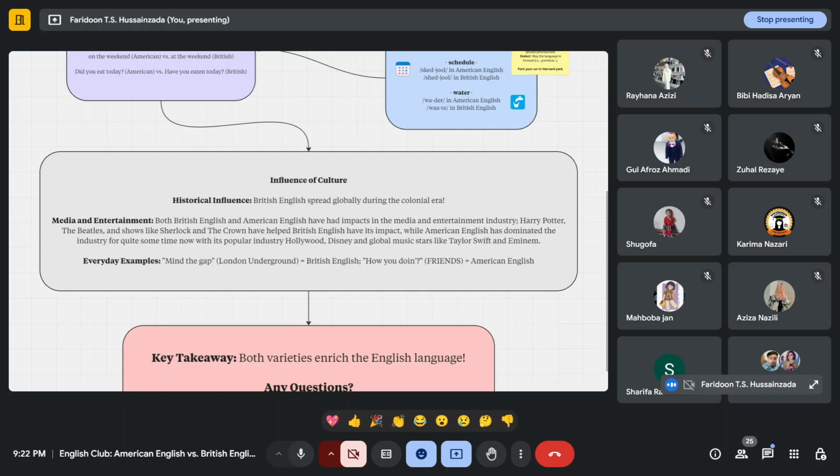So this one, for sure, we all know that it's producing basically the entire catalog of movies that you see every year, the most famous ones and of course the successful ones. Disney, for example, I think everyone has heard of Disney. Everyone has seen animations, movies from Disney. That's an American company. And global music stars like Taylor Swift, she's shocking the world.